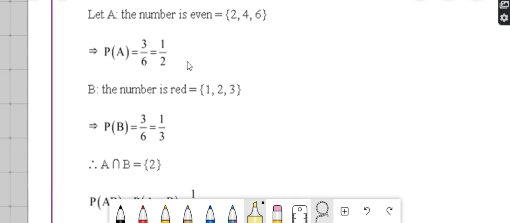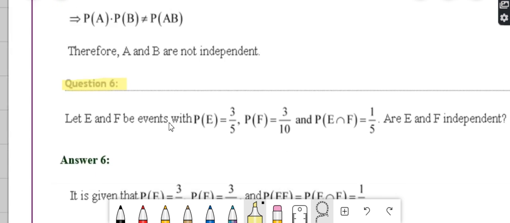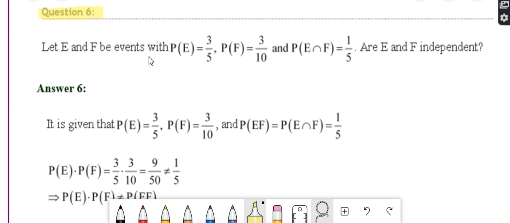Okay, going towards the next question, that is question number 6. Once again, you can see almost all the questions are the same. E and F are events. P of E is equal to 3 by 5, given. P of F is 3 by 10.